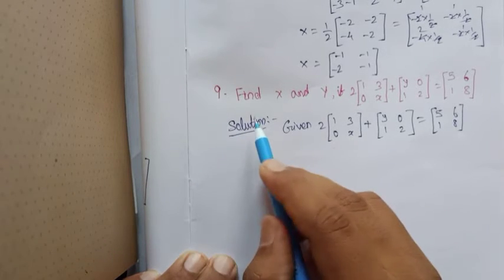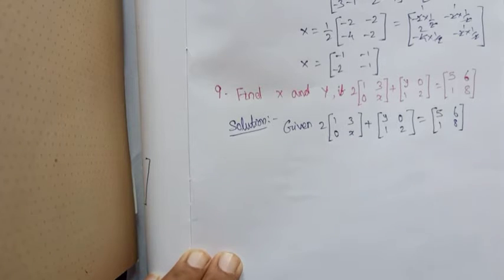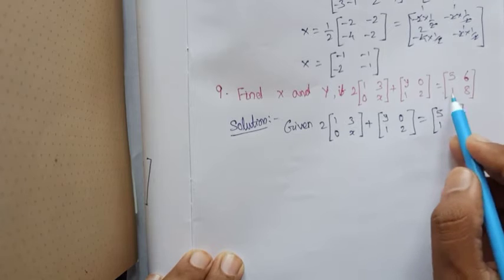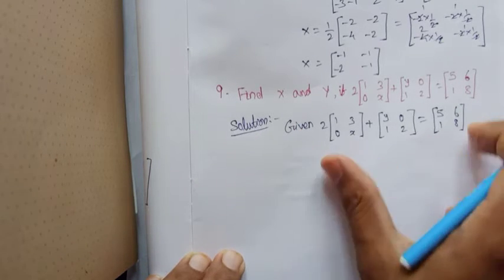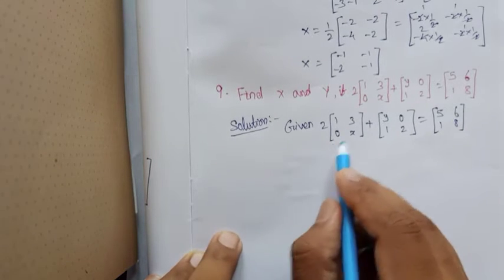Question number 9. Find x and y if 2 into this matrix plus this matrix is equal to the given matrix. So you write down the given matrices, and multiply the scalar value inside each element.